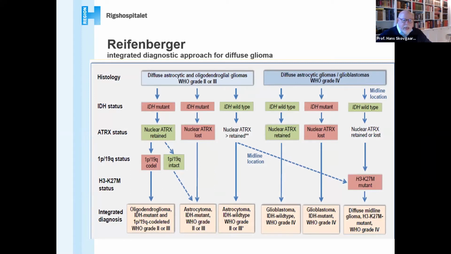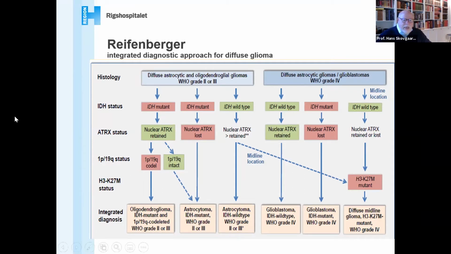If you're looking at the left side, there's a number of key features which is important to find out in a specimen if you want to try to characterize what kind of glioma you are working with, because it is important today that you standardize, that you are quite specific about the specific diagnosis, because it has some consequences when you treat them.